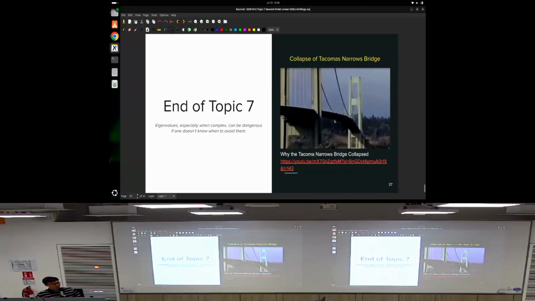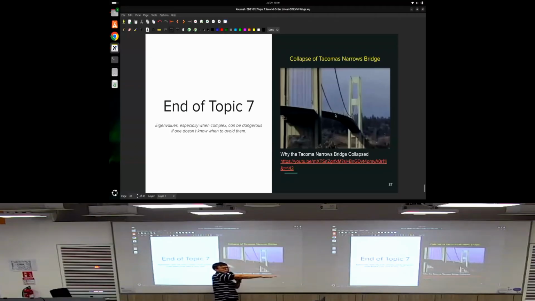One of the reasons is that as the wind is blowing through the bridge, it creates this thing called aeroelastic flutter. So what this is saying is, you must imagine the bridge is like that. As wind blows across the bridge, the bridge is not going to stay perfectly horizontal.